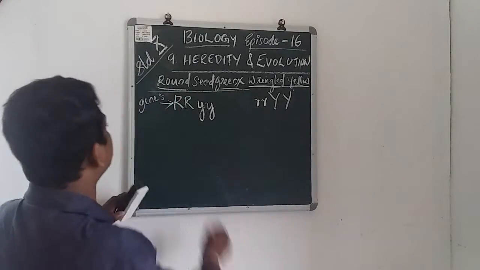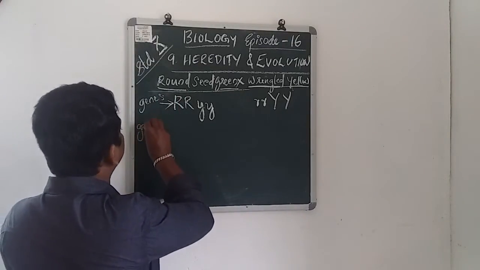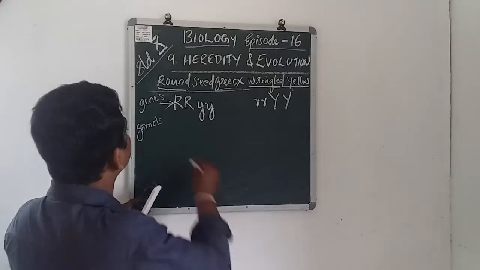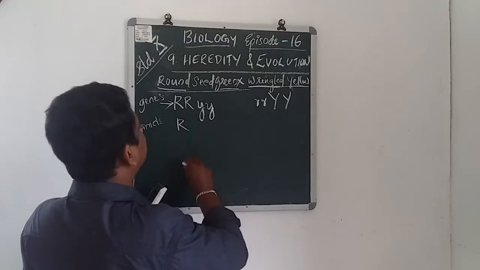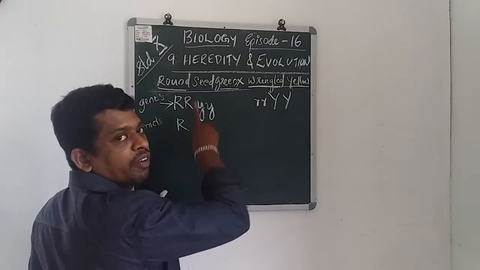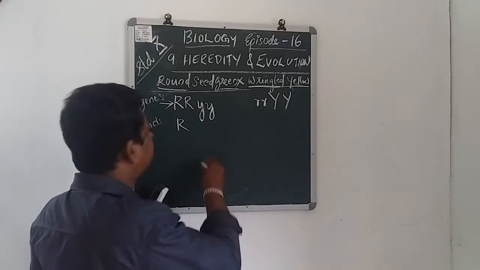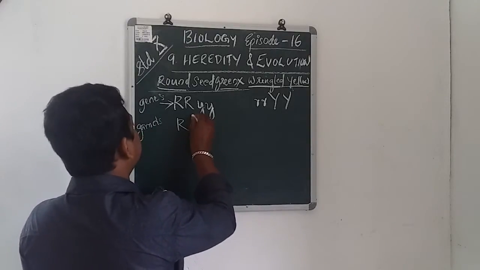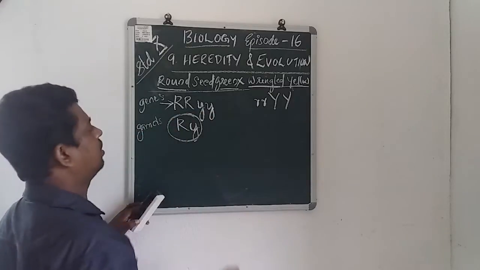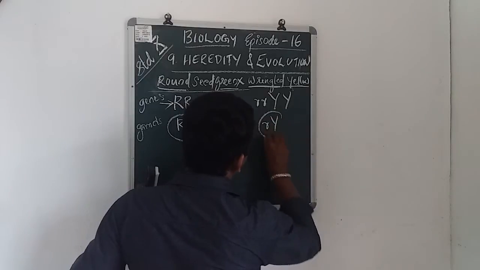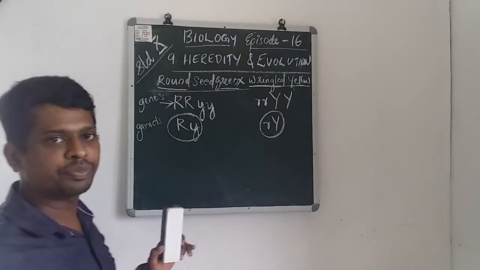The gametes are capital R, small y; we write only one, capital R and small y. This is one gamete, and the small r, capital Y is the other gamete.